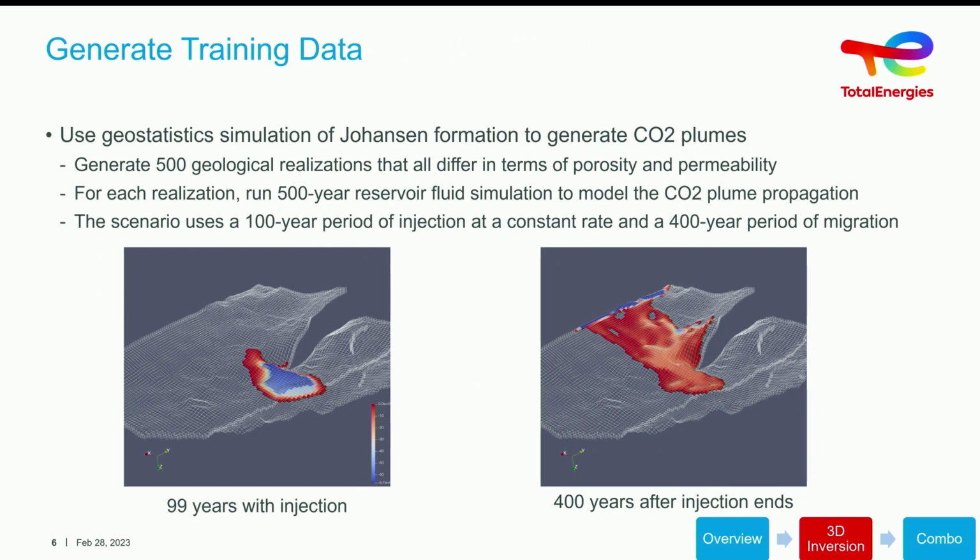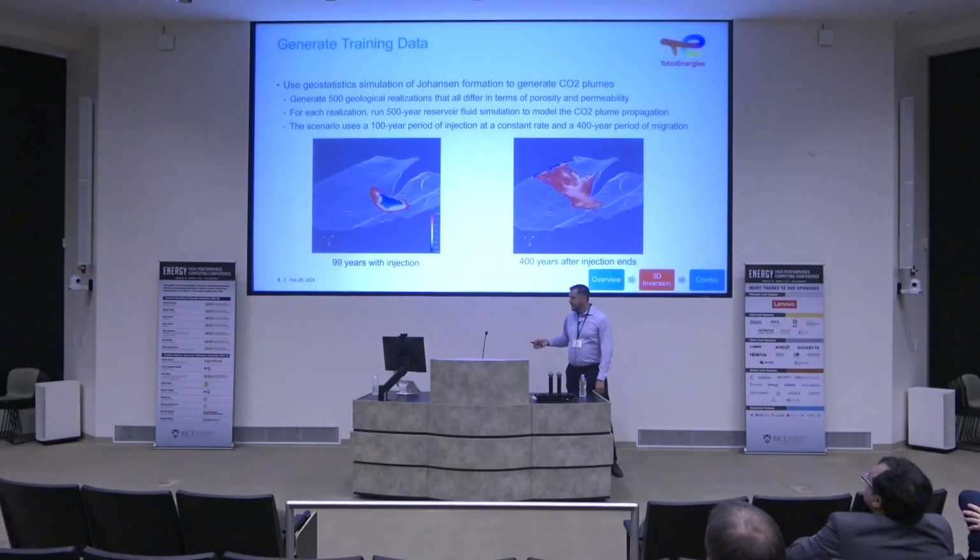So to start by generating our CO2 plumes, we're going to use geostatistics simulation of the Johansen Formation, which is located off the coast of northern Norway. And from this, we're going to generate 500 realizations or instances of this formation that all differ in terms of porosity and permeability. And then from there, we're going to run a 500-year fluid simulation to pretty much create these plumes.